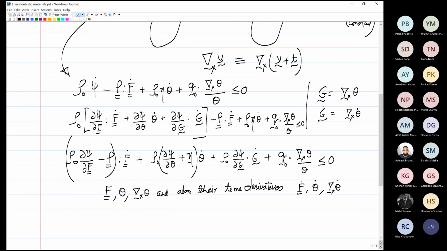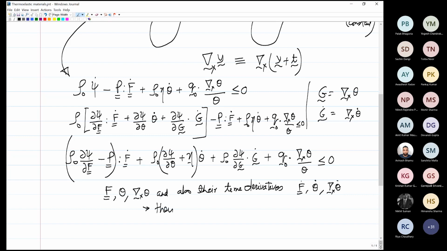Now it turns out you can choose arbitrary values for F, theta and grad x theta. And once you choose that value, you can also choose different rates, arbitrary rates. At a given time, you can have some F, theta and grad theta, and then you can think of a process in which the time derivatives of these variables can be set arbitrarily. Okay?